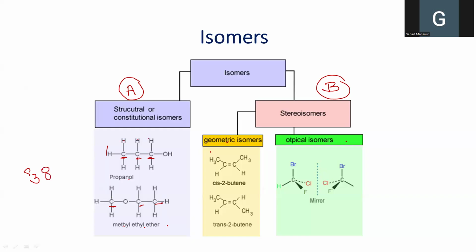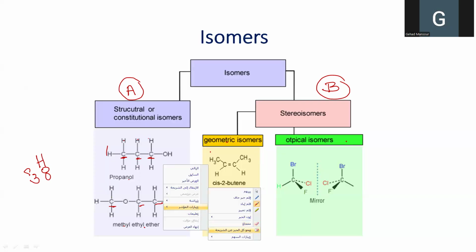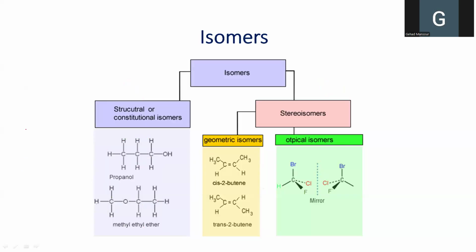They have 8 hydrogen atoms. So up to now we can build up the formula C3, then H8, and then we only have 1 oxygen atom. We don't usually write the 1. The same applies to methyl ethyl ether.